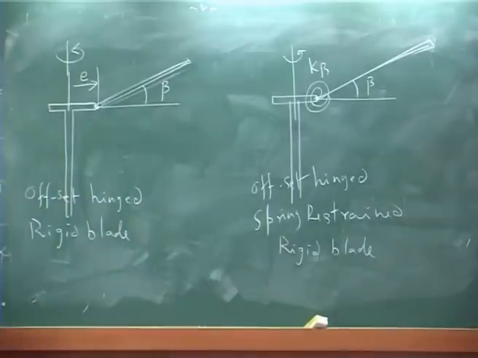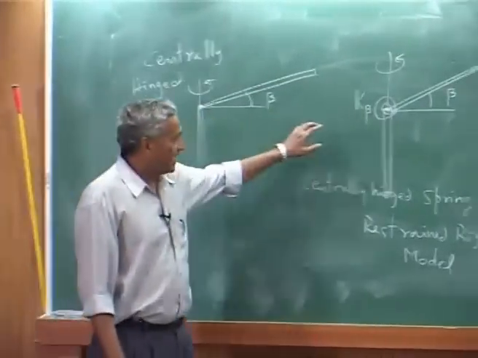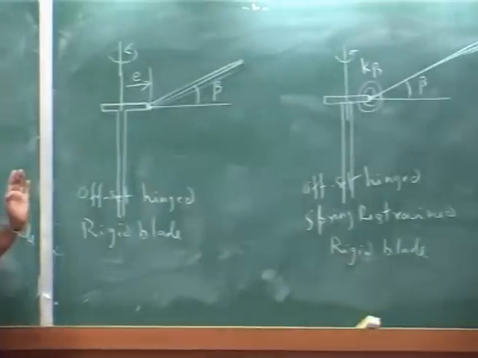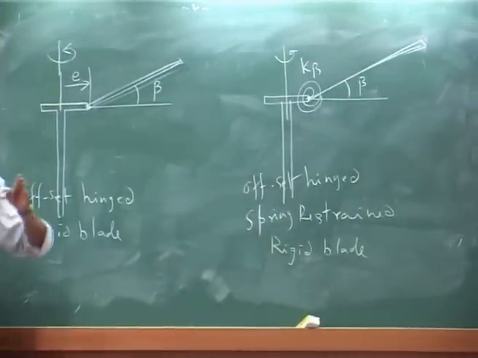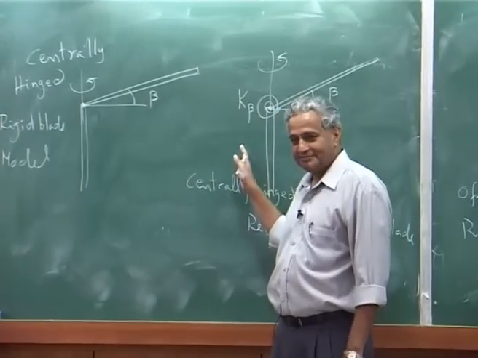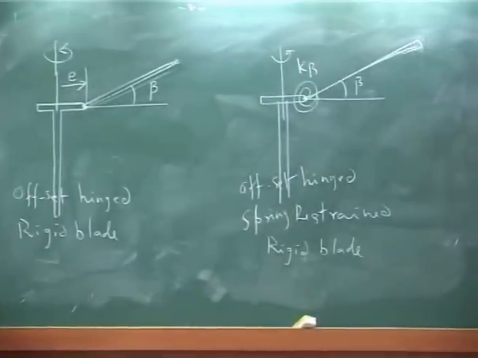Now, we have to derive the equation of motion for the blade flapping as it goes around the azimuth. So, blade dynamics. First we will take this and then we will add this. Later we will come to these two. Because I would like to proceed in a systematic manner. I will first write this, then we will go further, because each one has certain interesting characteristics.